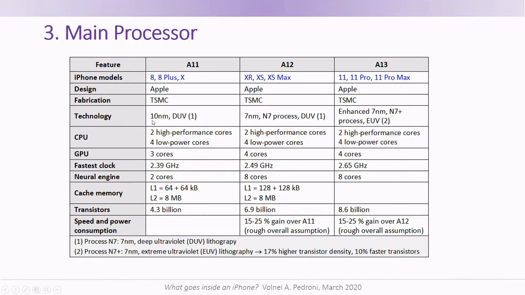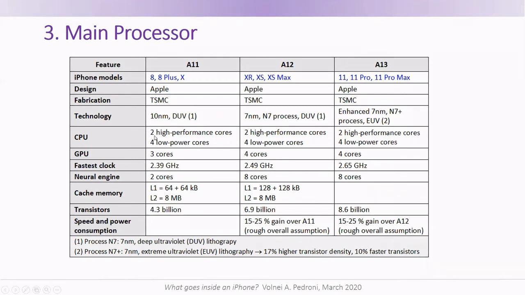Note that for 10 nanometers and 7 nanometers, deep ultraviolet lithography is used as listed down here, while for the A13, extreme ultraviolet lithography is used. TSMC reported a 17% higher transistor density and 10% faster transistors in the latter.